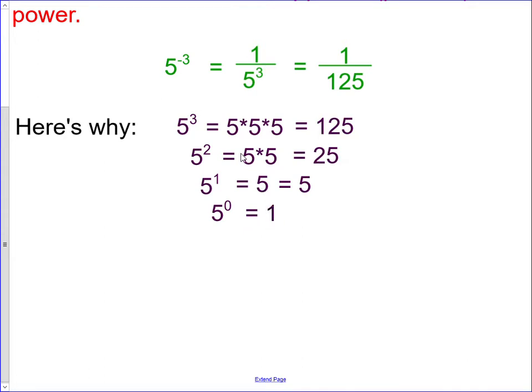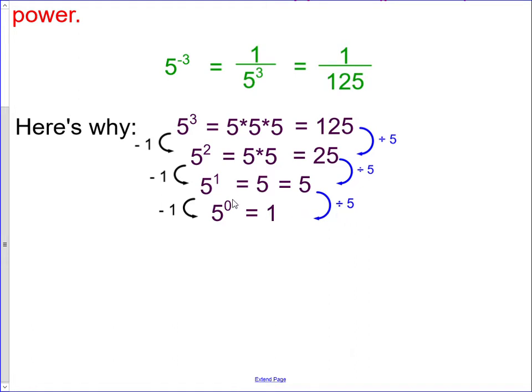If we stop and look at patterns, well, we already know the pattern on the side with the exponents. We were going down, or subtracting 1 each time on the exponent, to get to our next number. Over here, if we look for a pattern, we can see that 125 divided by 5 is equal to 25, that 25 divided by 5 is equal to 5, and that 5 divided by 5 is equal to 1.